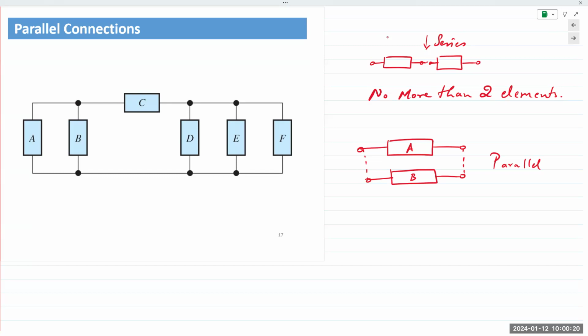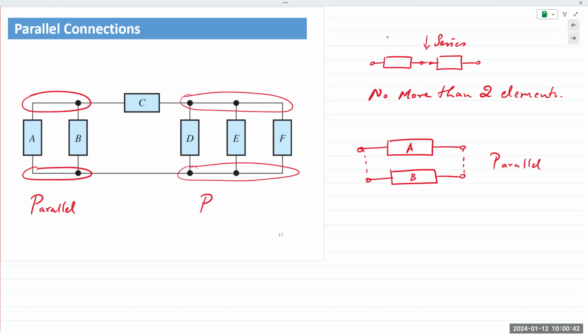If you look at this example right here, elements A and B have 2 terminals each, and their respective terminals are connected together. So A and B are said to be in parallel, and so are D, E, and F. One final thing.